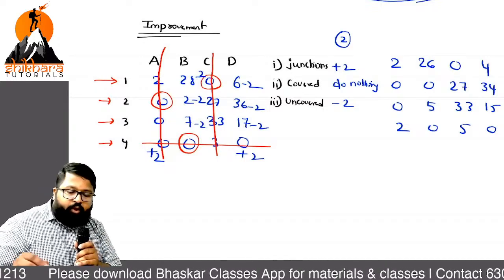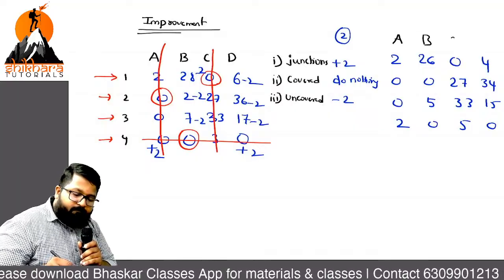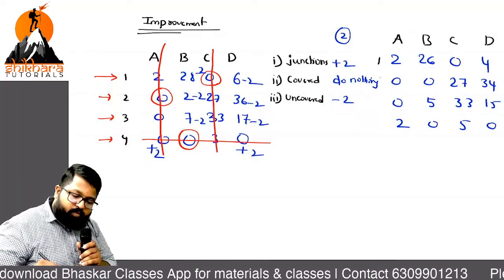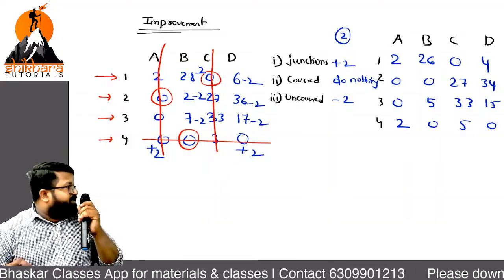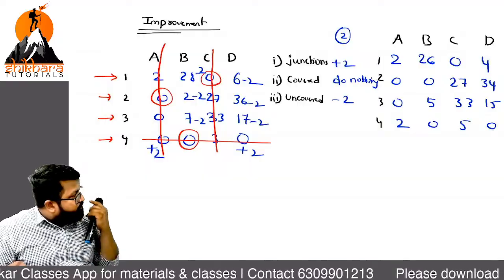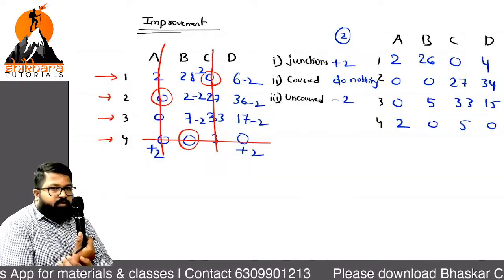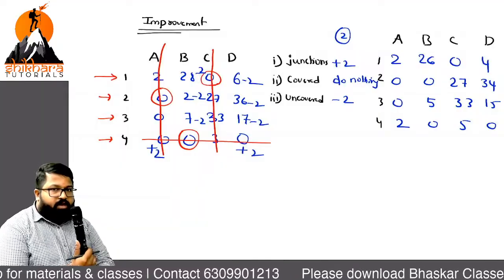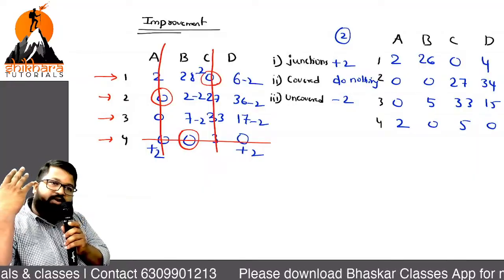Can you do till here? Once it is done till here, if it is done, superb. As usual, next we can go for which test? Test for optimality.